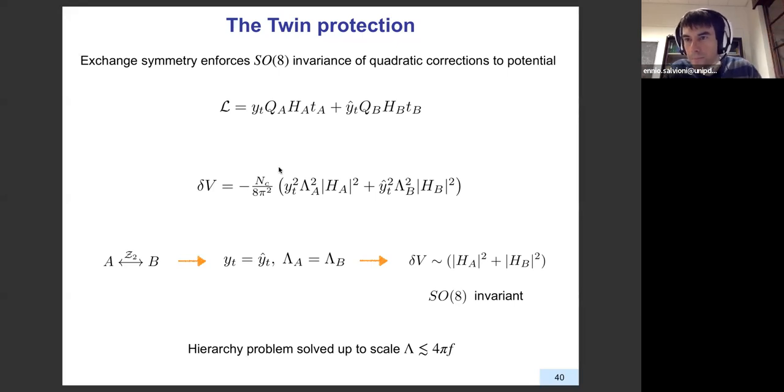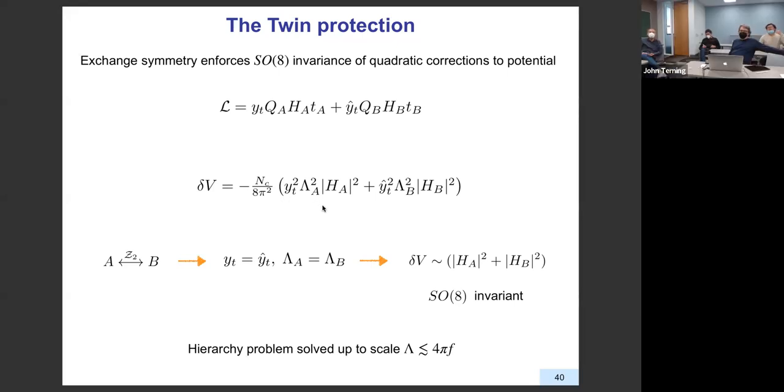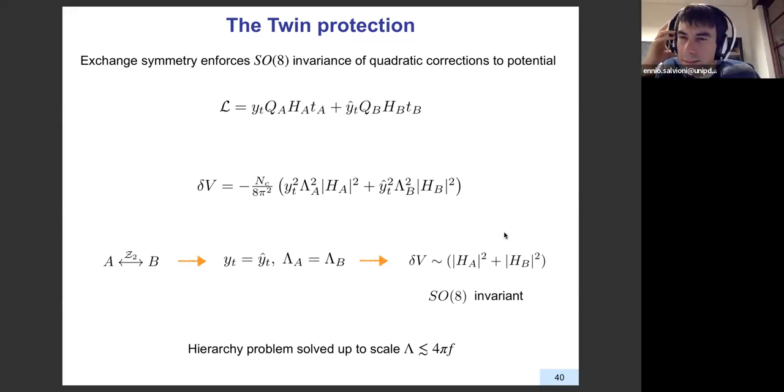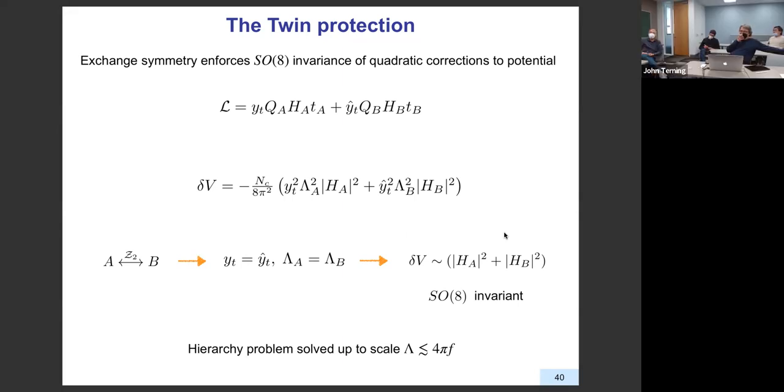I think Z2 is an element of SO8. It doesn't enhance the symmetry, right? Once you have this Z2 on the quadratic term.